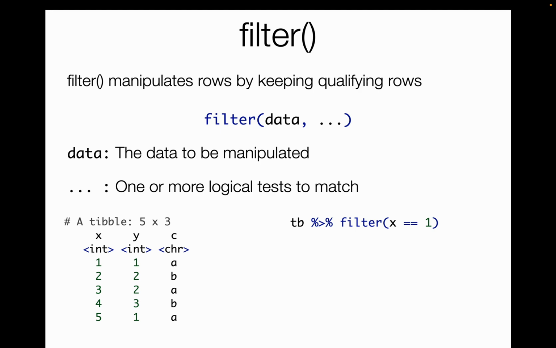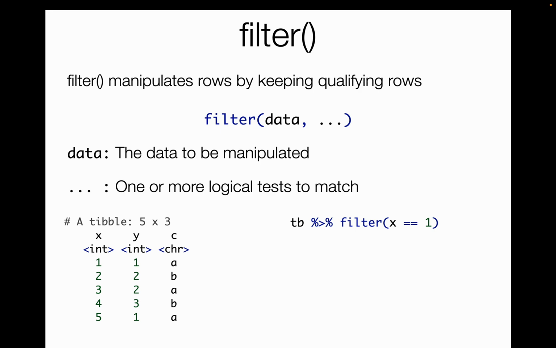This thing is called a pipe. Specifically, it is called the Magrittr pipe, M-A-G-R-I-T-T-R. It's a special pipe, a special thing in tidyverse. Magrittr is a package in tidyverse that only has pipes in it, and this is the basic pipe.